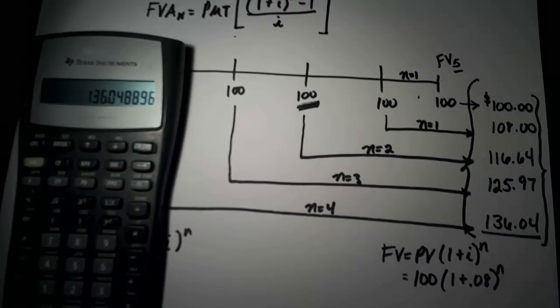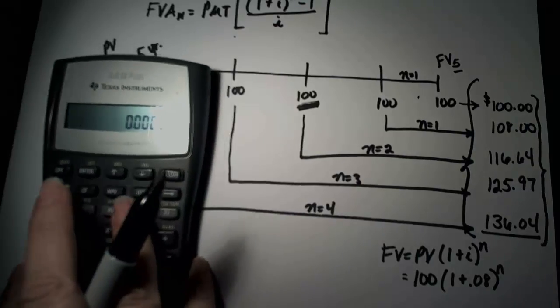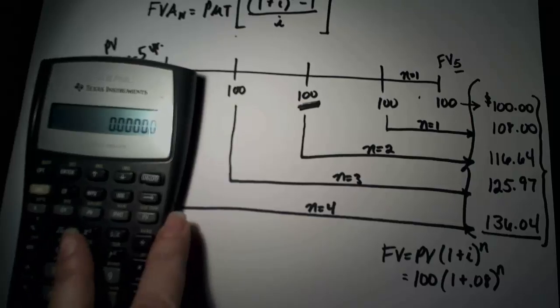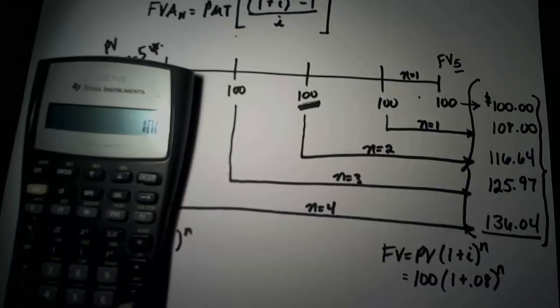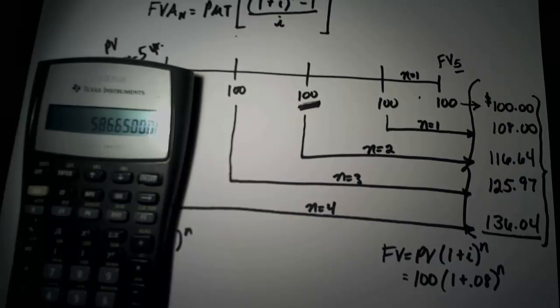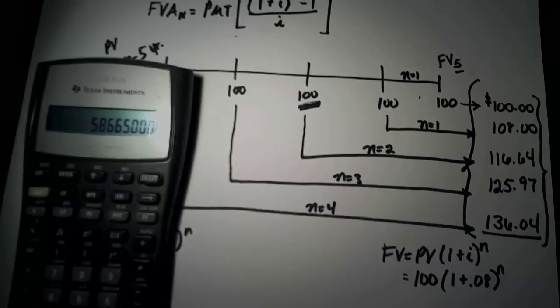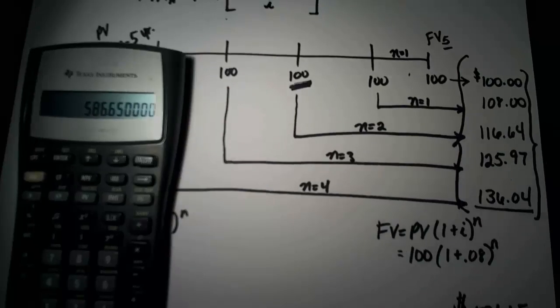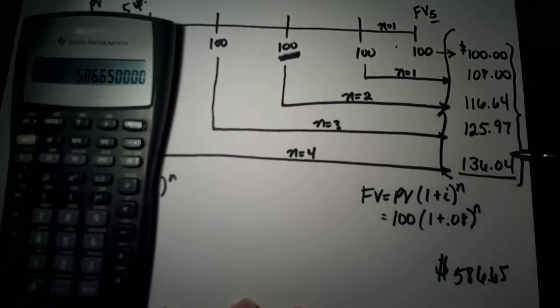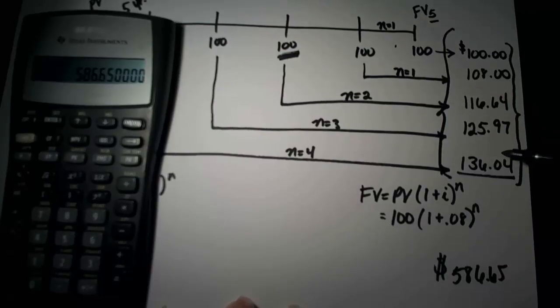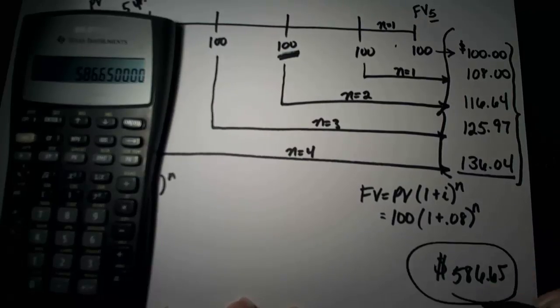When I add all of these up, 100 plus 108 plus 116.64 plus 125.97 plus 136.04, we get a total value of $586.65.